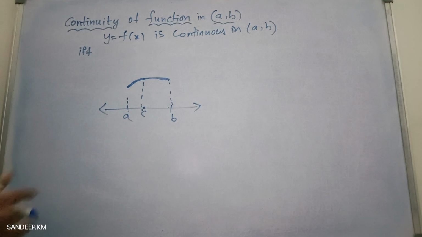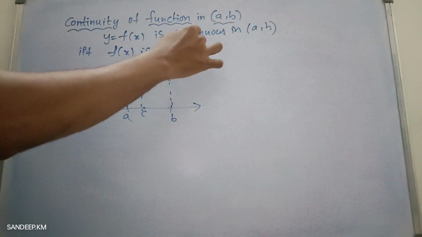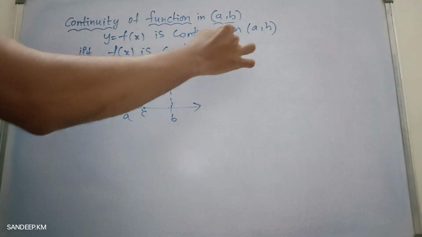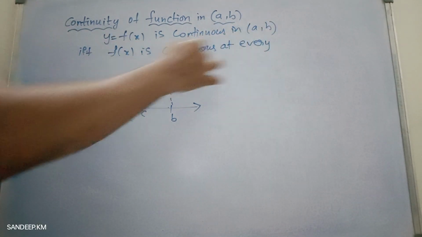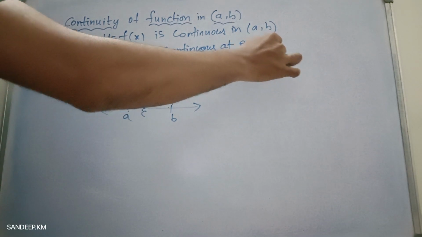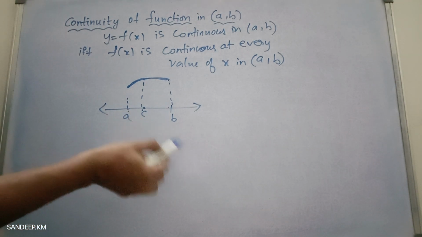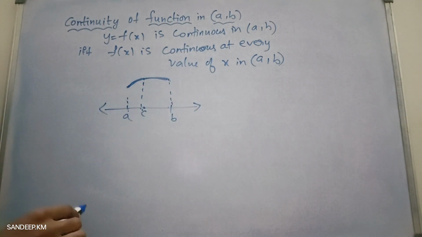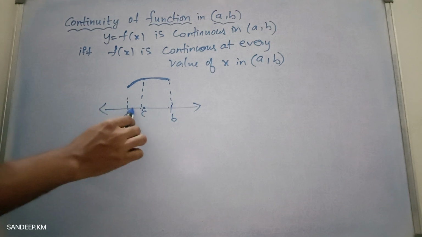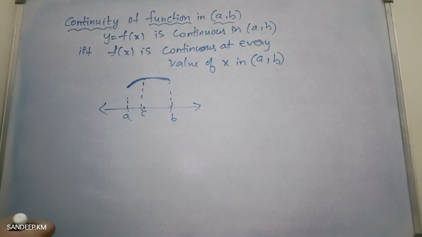If and only if f of x is continuous at every value of x in the open interval a comma b. You take any value between a comma b, at that point it should be continuous. If at every point it is continuous, we say that the function is continuous in the open interval a comma b.